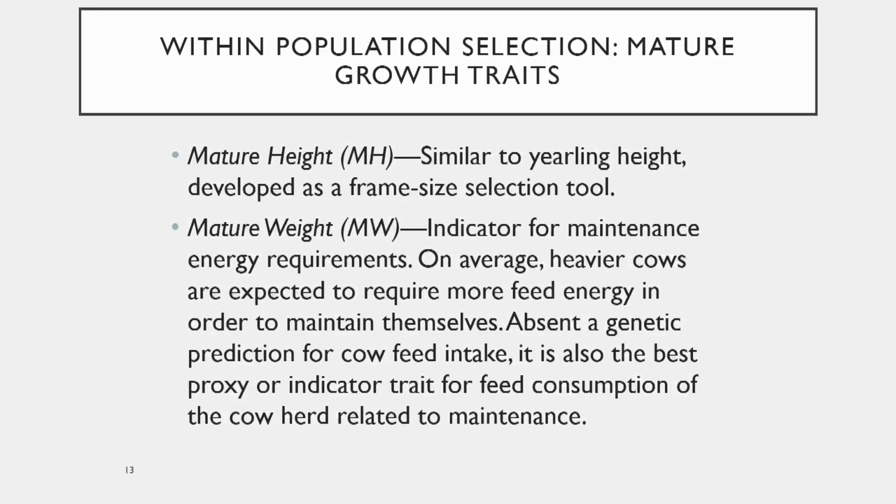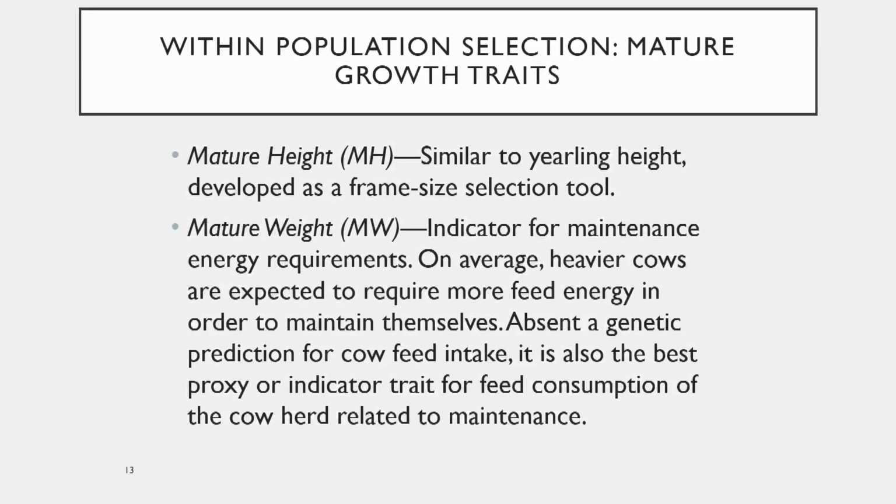But if you think about mature cow weight, it's actually a revenue trait, right? We sell cull cows, and it's a proxy, the best proxy we have for cow feed intake. That's why we care about it. And I'd argue we probably haven't cared about it enough in terms of reducing mature cow size.